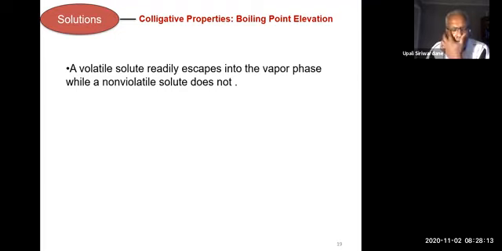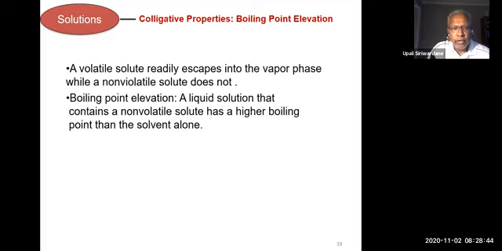So when you have a non-volatile solute dissolved in a solvent, it hinders the escaping of solvent molecules into the gas phase, which lowers the vapor pressure. Therefore, the boiling point is defined as the temperature at which the vapor pressure of the solution is equal to the atmospheric outside pressure. Boiling point elevation.